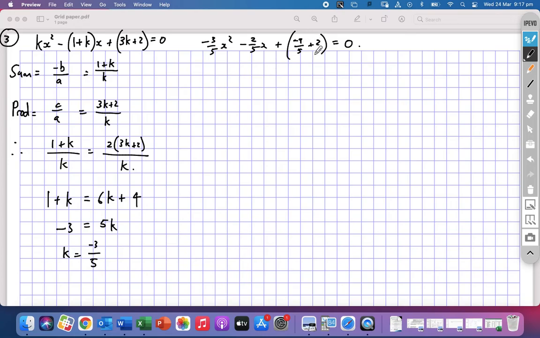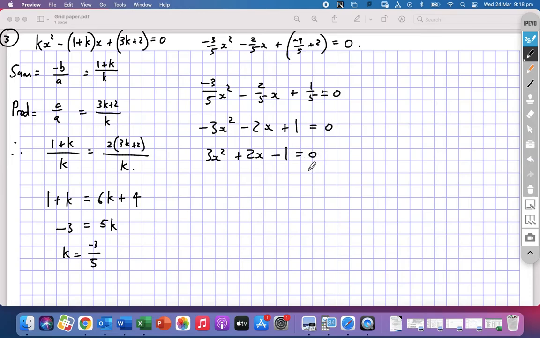Now if the 2 is 10/5, we have 1/5 here. Let's times by 5. I like whole numbers. Actually, we should times by minus 5. I'll do it in 2 steps, because this is equal to 0, I can manipulate this easily.